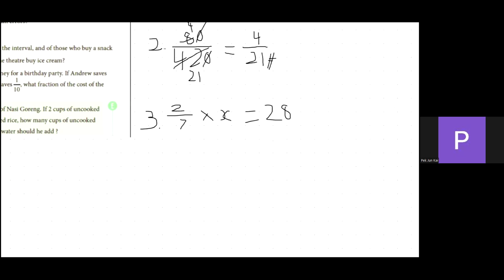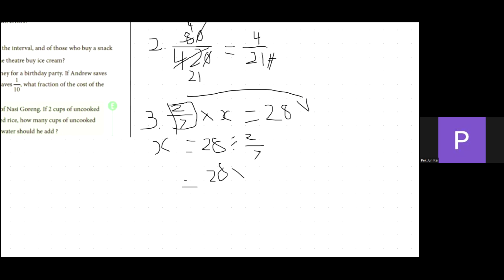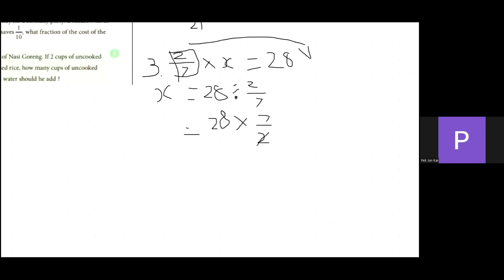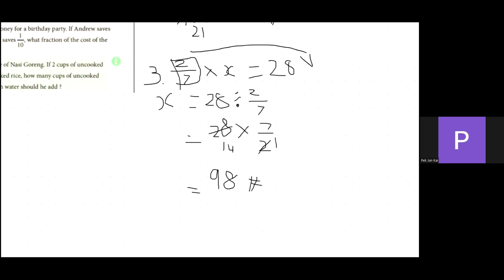So we can move the 2/7 to the other side, hence x equals to 28 divide 2/7, we'll get 28 times 7/2. We would get 98. This would be the answer for question number 3.